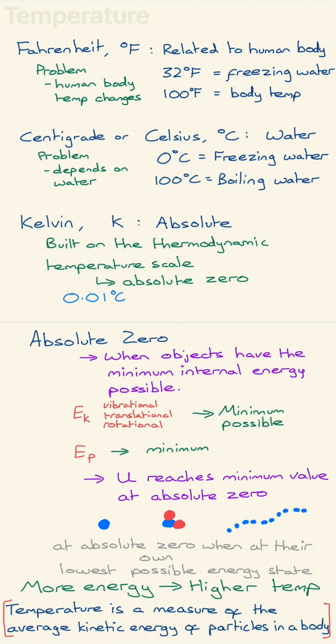For convenience, since everyone was already using degrees C, the upper fixed point was defined as being exactly 273.16 Kelvin. This is slightly above the melting point of water in 1 atmosphere of pressure, which is 273.15 Kelvin.